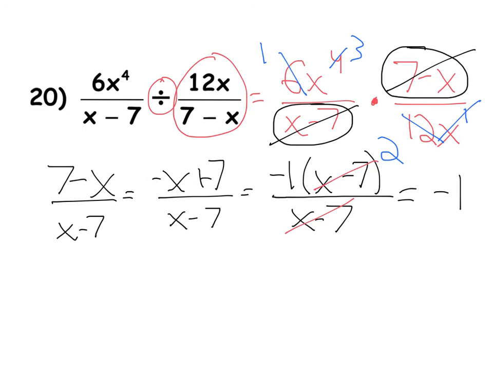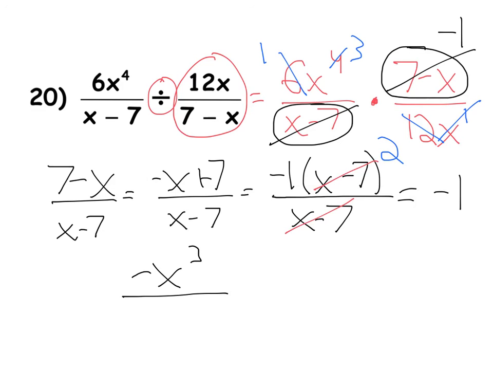And we talked about this earlier. Opposite expressions give us a quotient of negative 1. So let me put a negative 1 up here. And now let me multiply. What do I have in my numerator? I have 1x to the third times negative 1 gives me negative x to the third power.